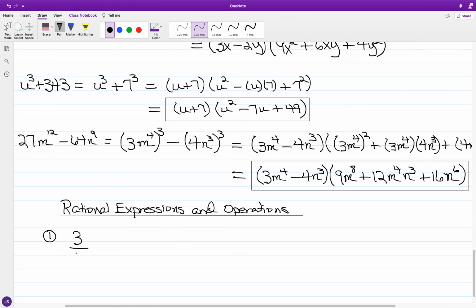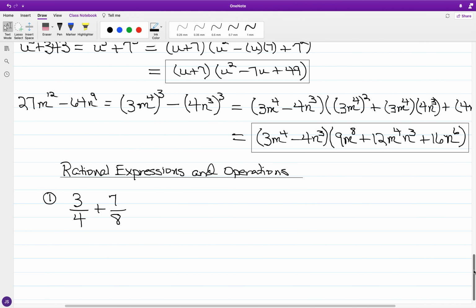This is at somewhat an introductory level. Say we got 3/4 plus 7/8, and you're looking at adding together. Now again, to be able to add fractions, they must have the same denominator or bottom number. And here we have 4 on the bottom for the first fraction, 8 on the bottom for the second.